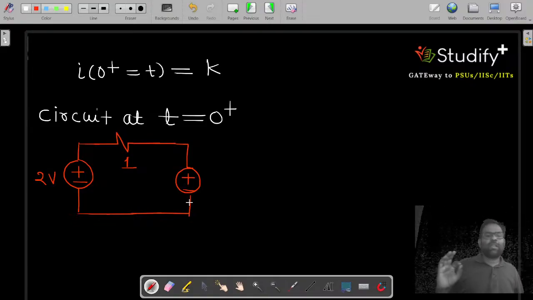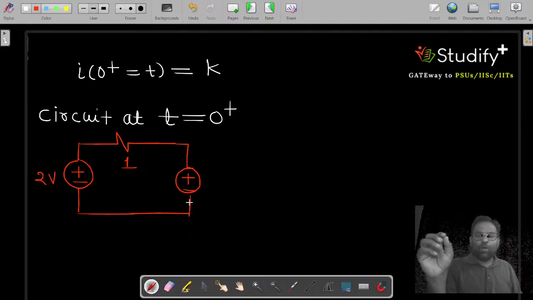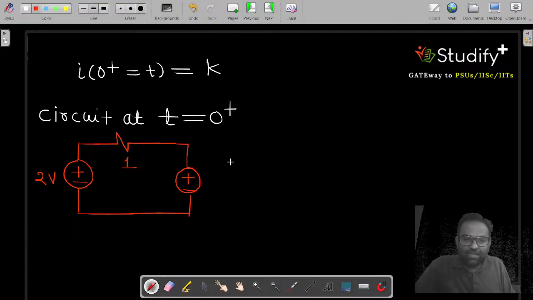Whenever you have a capacitor as the energy storing element and you need the initial condition for current, or if an inductor is available in the circuit and you need the initial condition for voltage, then you have to draw the circuit at t0 plus. This value is 1.